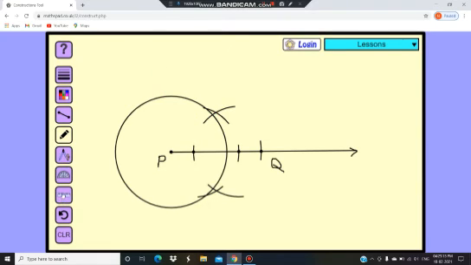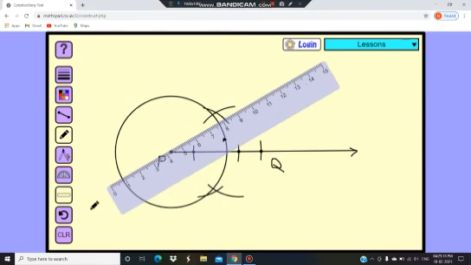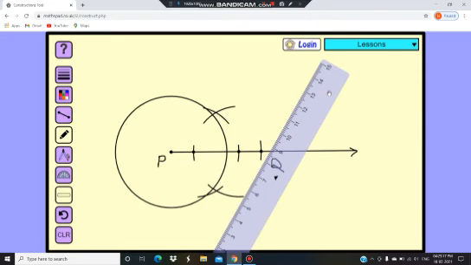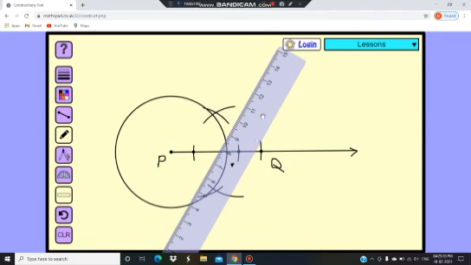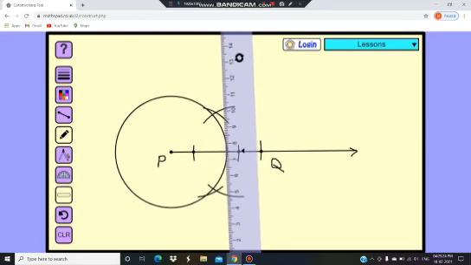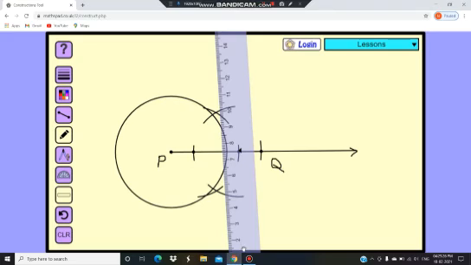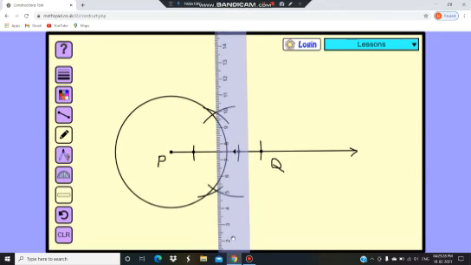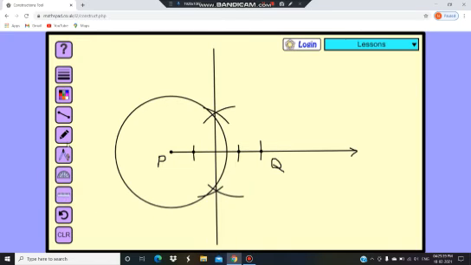Now take a scale, and through the two intersecting arcs we drew in the upward and downward direction, we have to pass one line. Okay, so through this point we have to draw one line, and show the arrow on both sides.